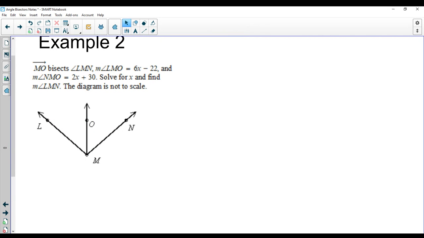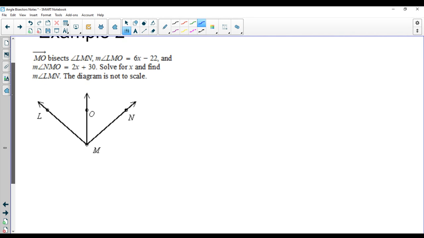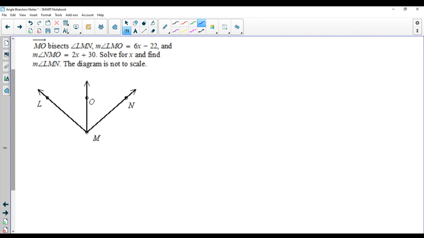Let me change colors here. Alright. Setup is similar. The ray MO, so this ray right here, is bisecting the angle LMN again. They tell us that the measure of LMO, so this piece right here, is 6x minus 22.